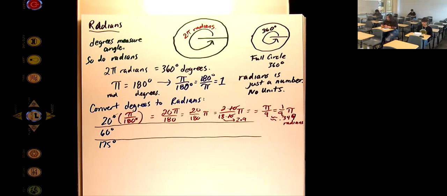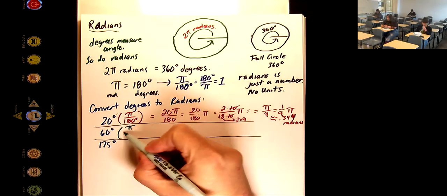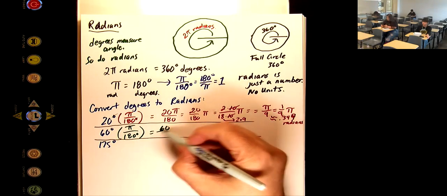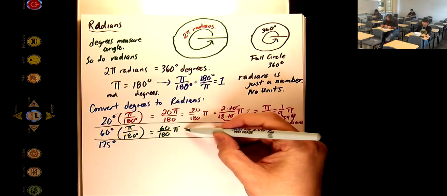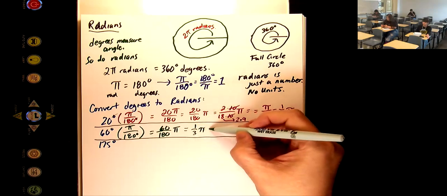If I do that with the 60 degrees, I get 60 over 180 times pi, which actually reduces to 1/3 pi, or pi over 3.